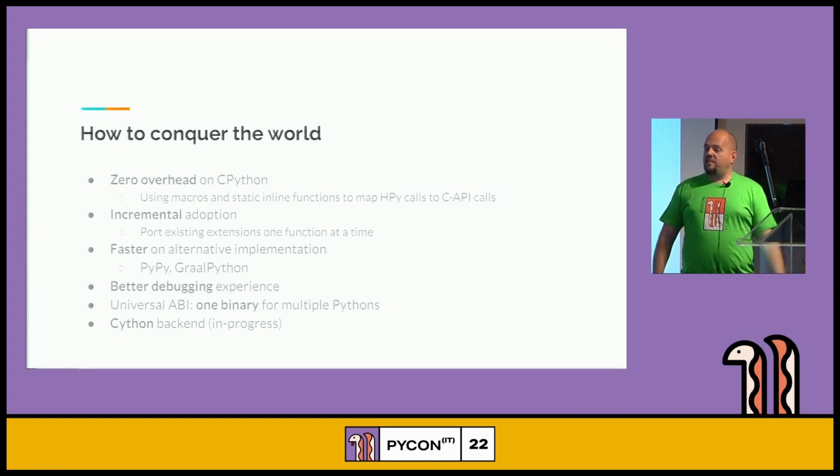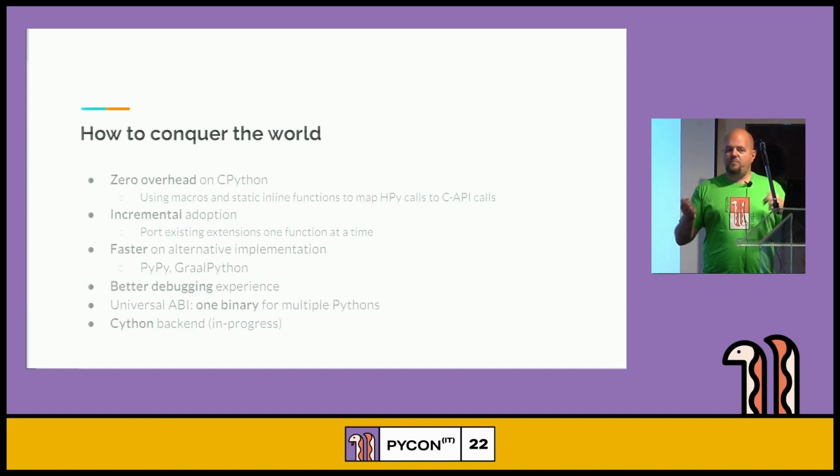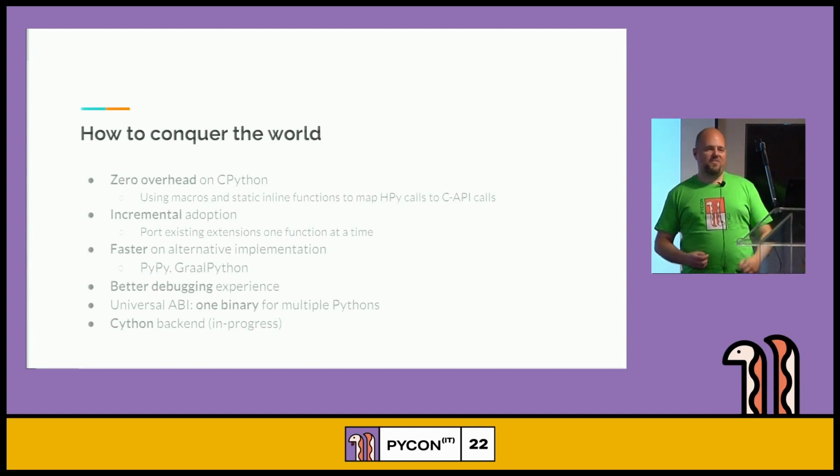The other most immediate advantage is that HPy, because of its design, allows us to intercept all the calls and add some debugging information to them. So, how many of you who wrote C extensions manually made a mistake with incref or decref? Cool, a couple of hands.